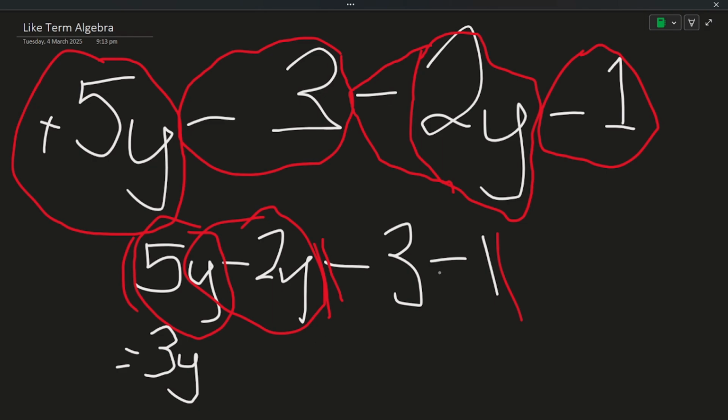Now, some people may need to use the calculator, but basically what it's saying is negative 3, you take out 1 from that and you get negative 4, which is simple and easy. That's how I understand it. Some people may understand it differently. It's all fine. But 3y minus 4 is your like term algebra equation. That's how you find your like term equation.